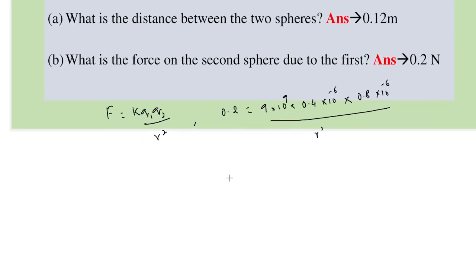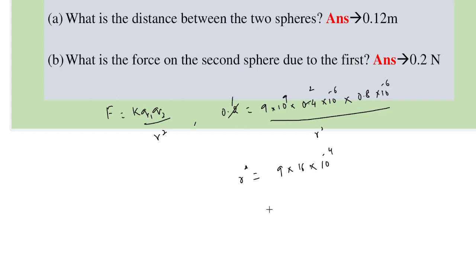Now to solve it further, cross multiply. So R square is equal to 9 into 0.8, where we can write 0.8 as 8, so it becomes 9 into 8 into 2, which is 144, into 10 power minus 7 minus 6 plus 9, that is 10 power minus 4.